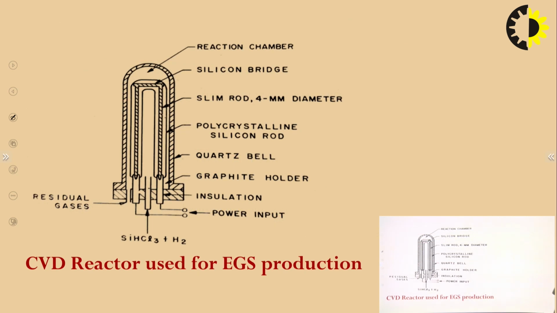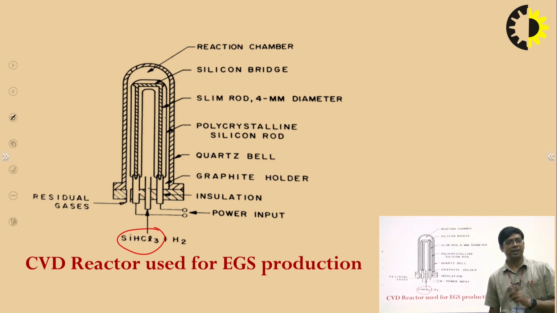Let us see here, this is the CVD reactor that is used for the EGS production. Here the raw material that we are using in this reactor is trichlorosilane, which we have obtained from the MGS.